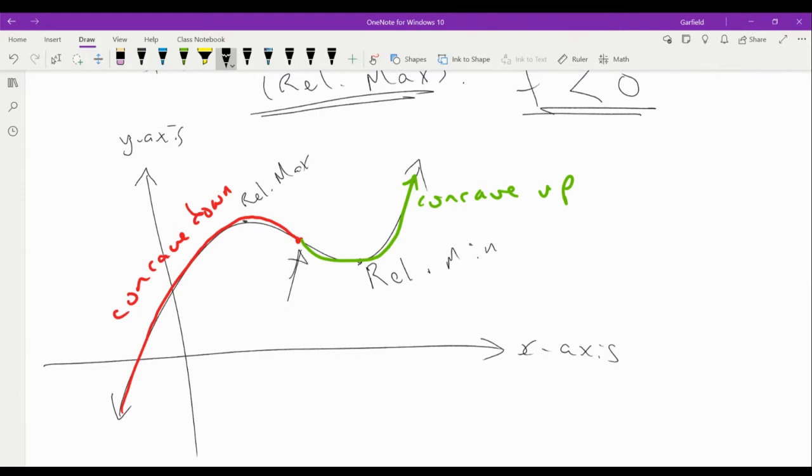Now this point where the concavity changed from up to down or down to up has a special name. It is called the point of inflection.